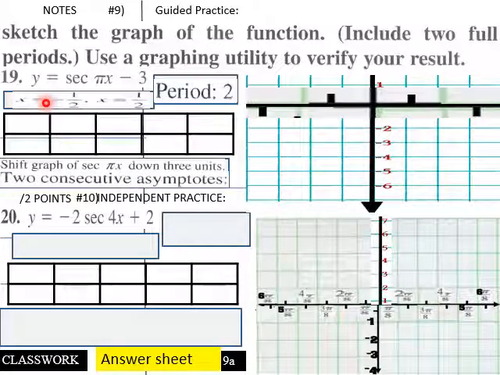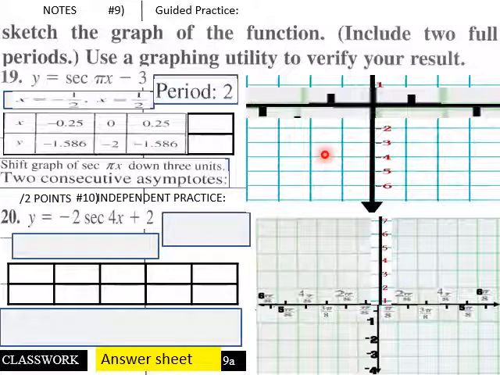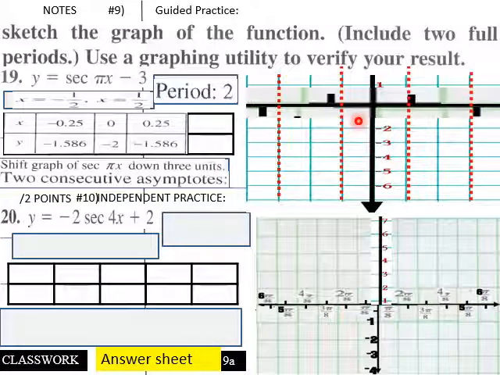So here are our vertical asymptotes: x equals negative 1/2, and then x equals 1/2. So negative 1/2 and positive 1/2 would be our consecutive vertical asymptotes here, and then again would be 1, and then negative 1.